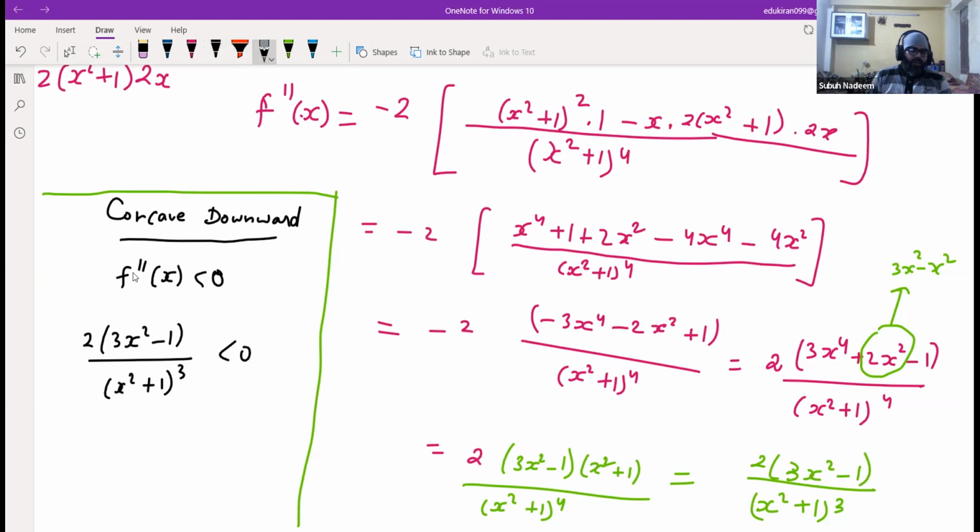Now the denominator is x square plus 1 whole cube, which is always positive. It will never be negative since it is x square plus 1. 2 is also positive. So 3x square minus 1 should be negative. So x square should be less than 1 by 3. So x square is less than 1 by 3 means x is between 1 by square root of 3 and minus 1 by square root of 3.